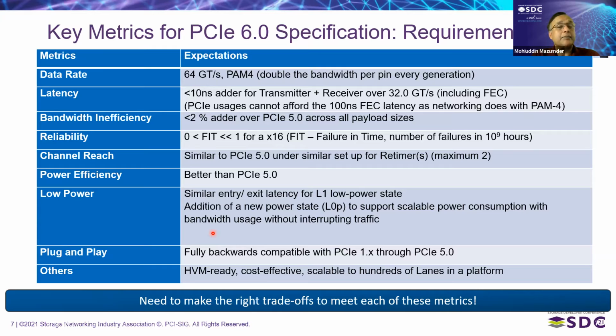PCIe supports up to 2 retimers, so with the addition of retimers, it allows essentially more than double. Each retimer will allow the full doubling of the bandwidth. So it provides a huge channel reach, and it has that built into the architecture.